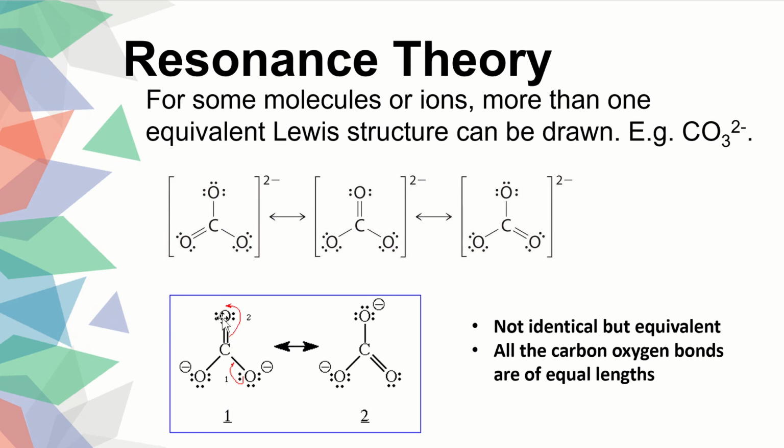The pair of electrons would now reside on the oxygen, and that leads us to our second resonance structure. So these compounds are not identical but equivalent, and all the carbon oxygen bonds are of equal length.